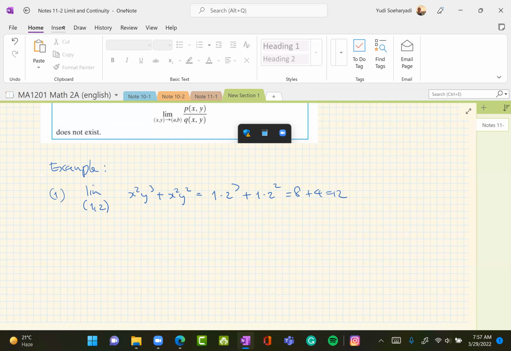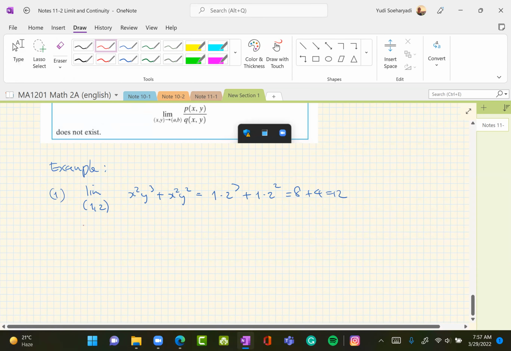It gives you a value. Then it is likely the limit.